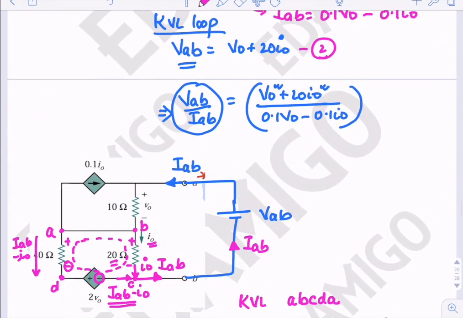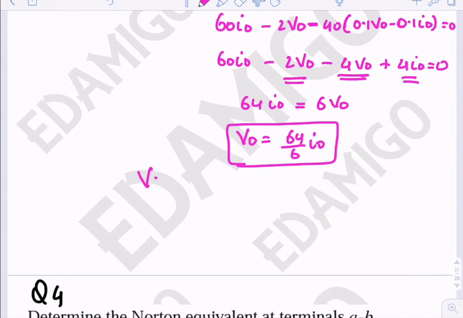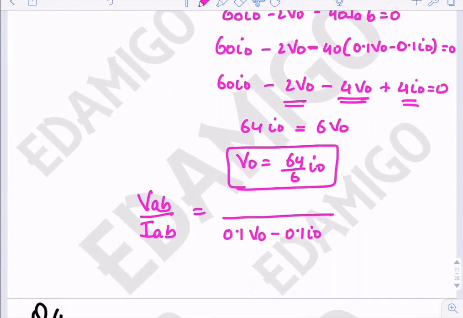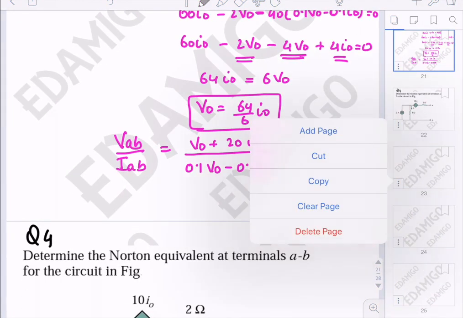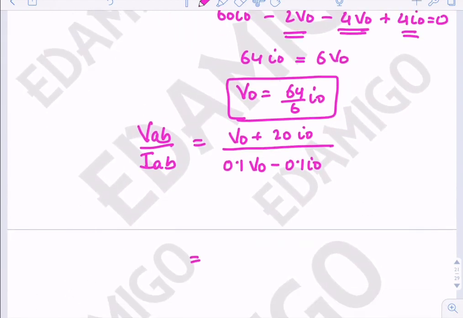Now putting this in equation number 4, VAB upon IAB is equal to the numerator V0 plus 20 I0 over 0.1 V0 minus 0.1 I0. V0 is equal to 64 upon 6 I0, that is approximately 10.6 I0.